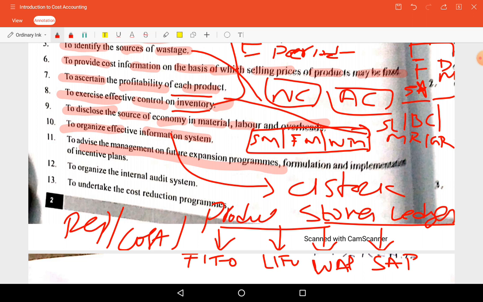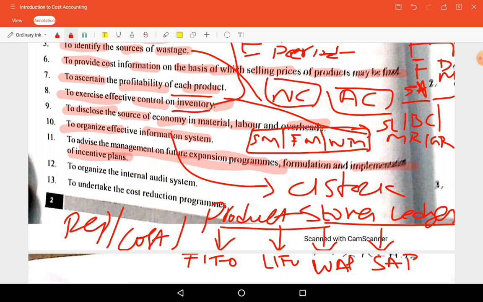Cost accounting is very flexible and dynamic in nature, so whatever you ask, the same will be provided to the management so that they can make effective decisions, and advise management on future expansion programs, formulation and implementation of incentive plans.